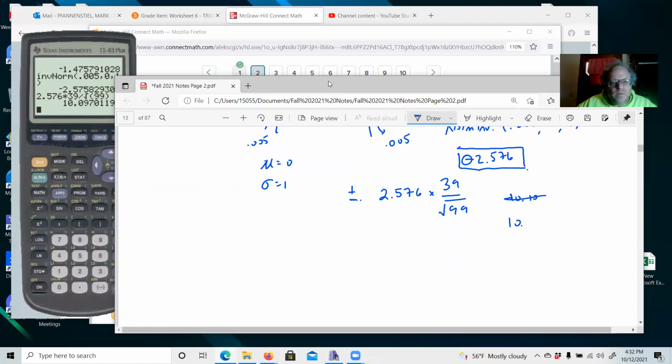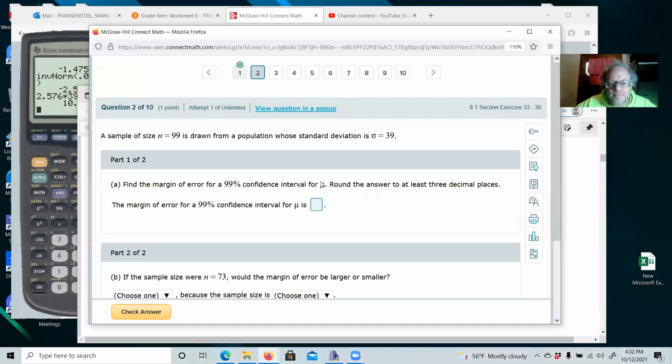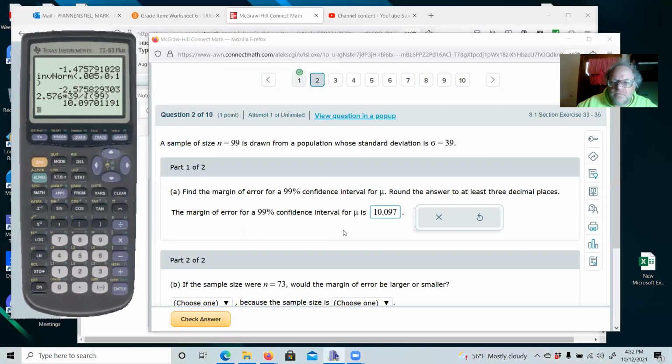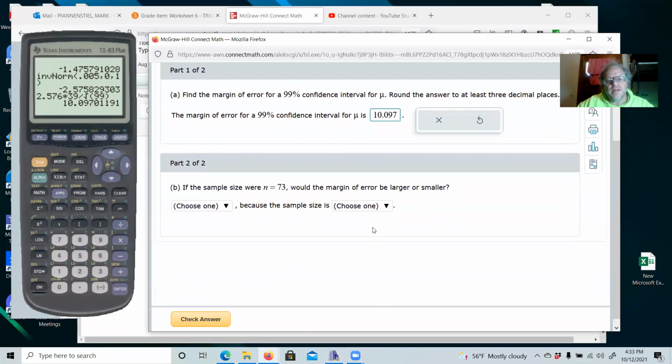So 10.097. That's what they want. That's our margin of error, 10.097. Double checking, looks good. We should be okay.